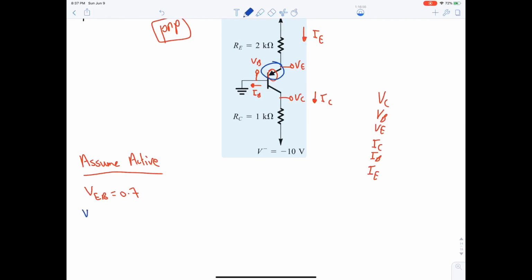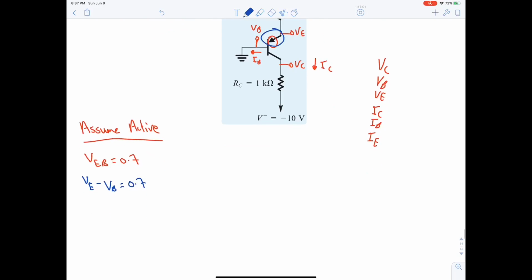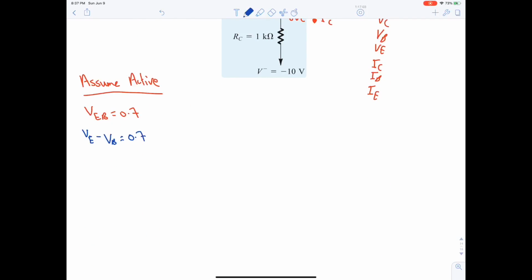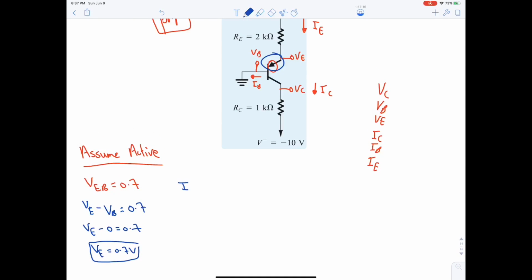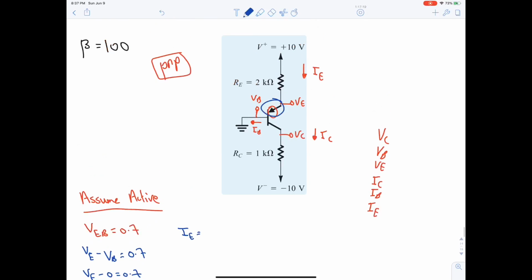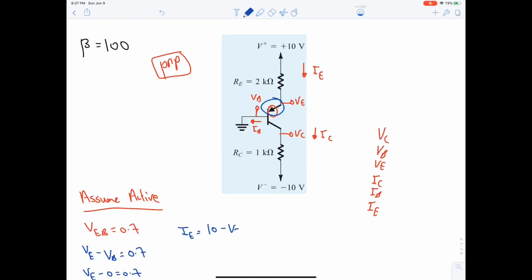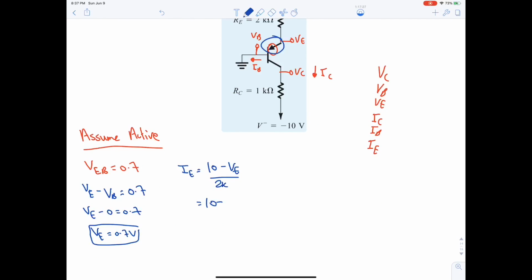VEB is 0.7, and then we will open it. VE is unknown and VB is 0. So VE is equal to 0.7 volt. Okay, after finding VE, IE is equal to what? 10 minus VE over 2K. So it's 10 minus 0.7 over 2K, which is equal to what?